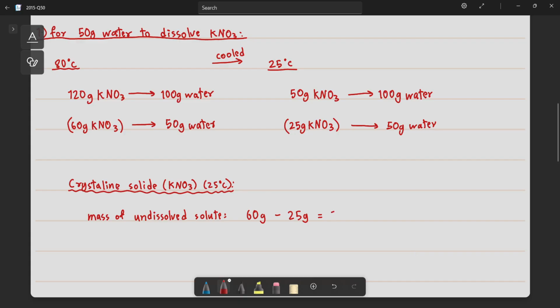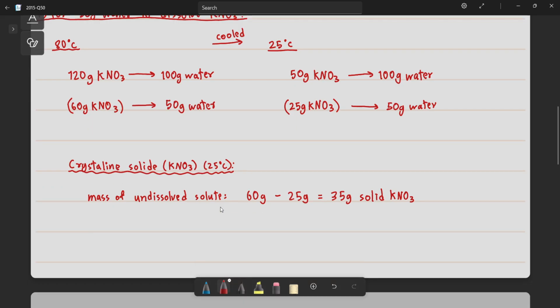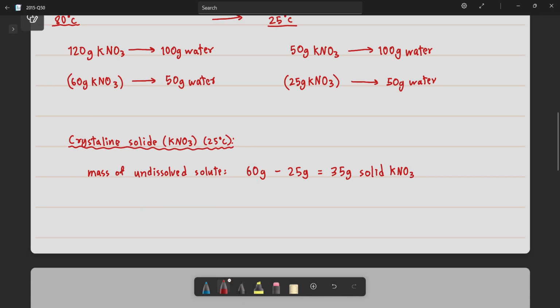This will give us 35 gram of solid potassium nitrate. So this one, 60 gram, is the initial, which was set at 80 degrees Celsius, and this one was at 25 degrees Celsius, which was the final.